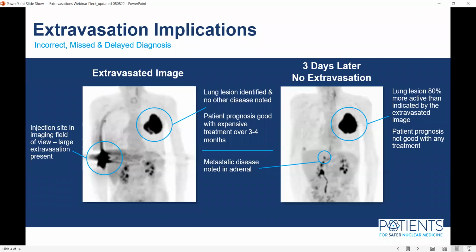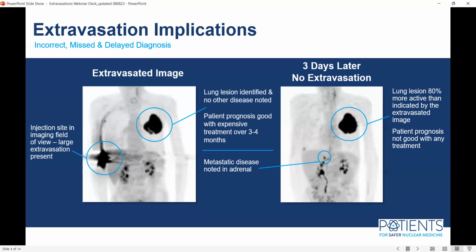As I mentioned, one implication of a large extravasation is that the images can become inaccurate. These two images are of the same patient. You will see the extravasated image. This patient was clearly extravasated, as you can see in the arm. The image still comes out, but as I mentioned before, because the isotope is so concentrated in the arm, the entire amount didn't flow throughout the body.